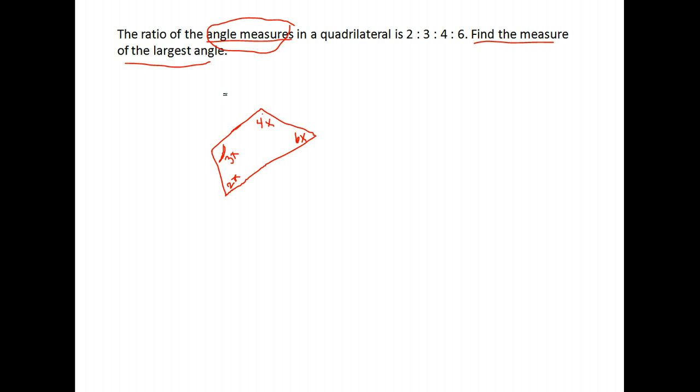But we need to know something about angles in a quadrilateral. Now, in the first semester of geometry, we talked about four-sided figures having a total of 360 degrees. Triangles had 180. Four-sided figures, quadrilaterals, have a total of 360.